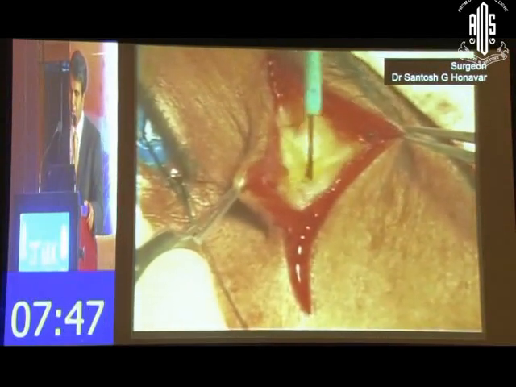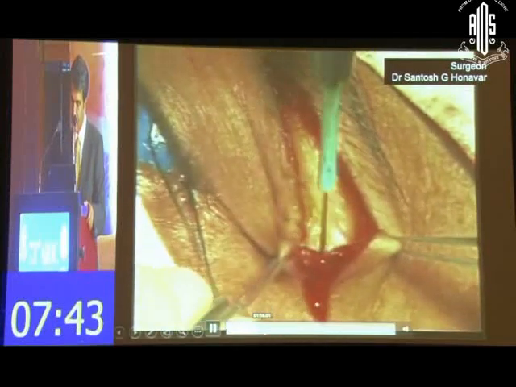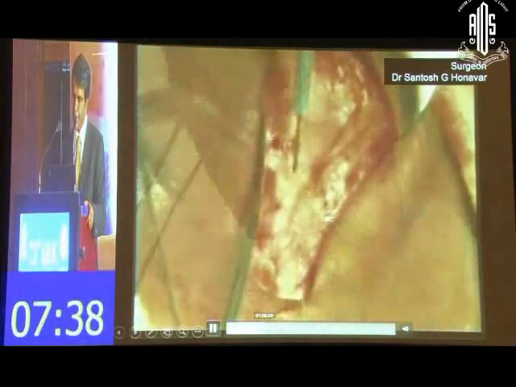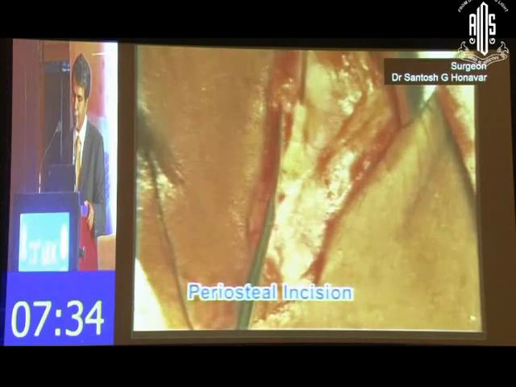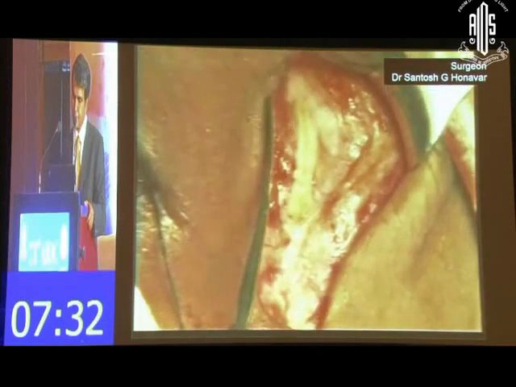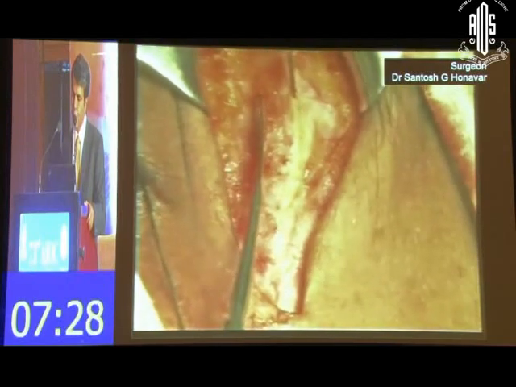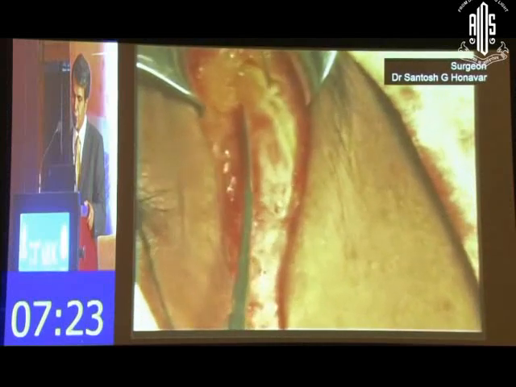Everything under visualization with minimal bleeding. If you expect a vascular lesion, then you can ask your anesthetist to give hypotensive anesthesia. Periosteal dissection. Periosteal incision 4 mm from the arcus marginalis to the extent that you desire. And at the end of periosteal incision, you give a relaxing incision towards the orbit.